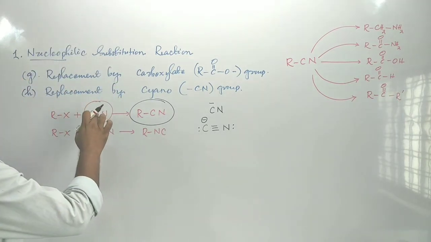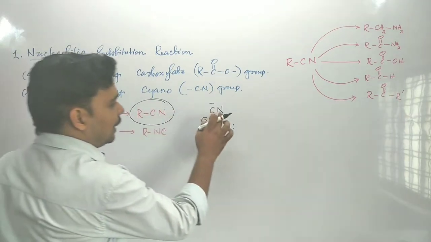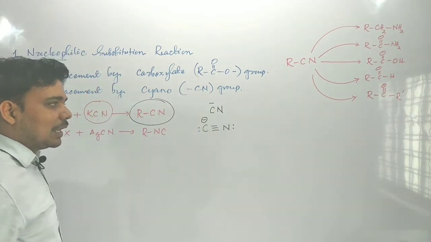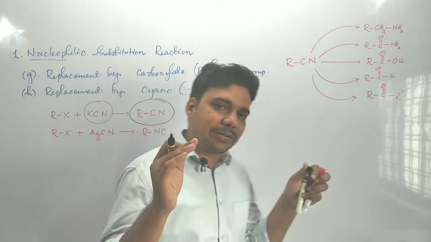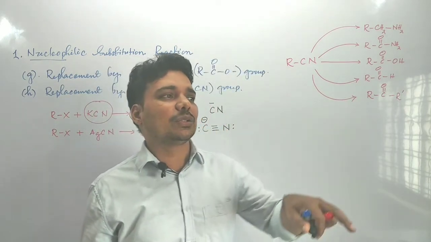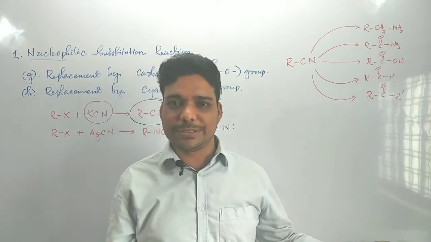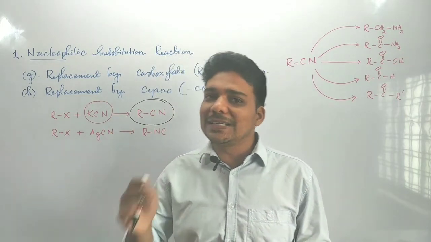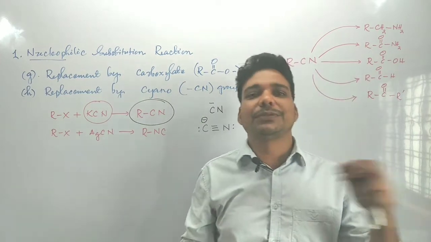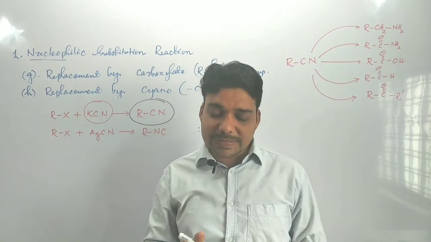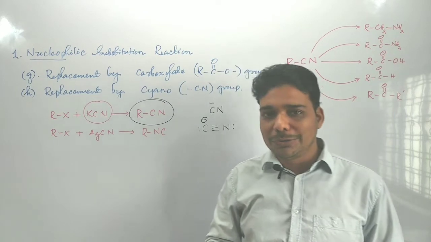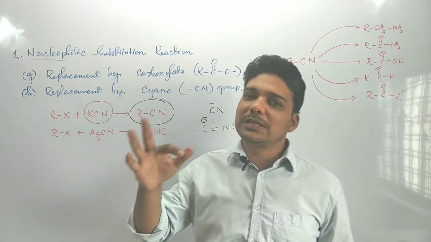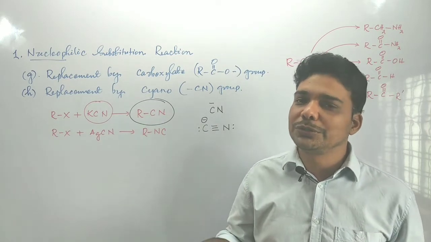Potassium cyanide or sodium cyanide, they are ionic. They will provide CN minus ion. Now CN minus ion is quite free to attack either through carbon or through nitrogen. However, predominantly it will attack through carbon to the substrate. Why? Because the carbon-carbon bond is quite stronger as compared to the carbon-nitrogen bond.